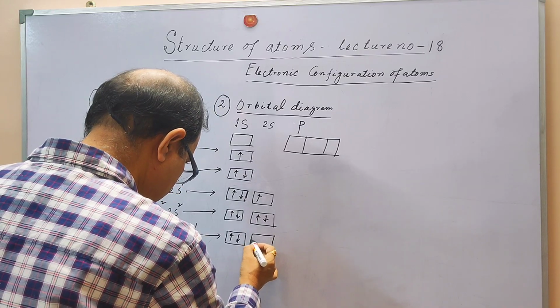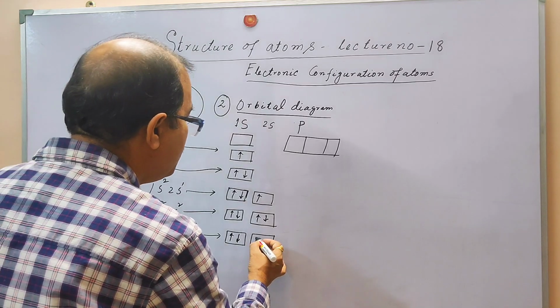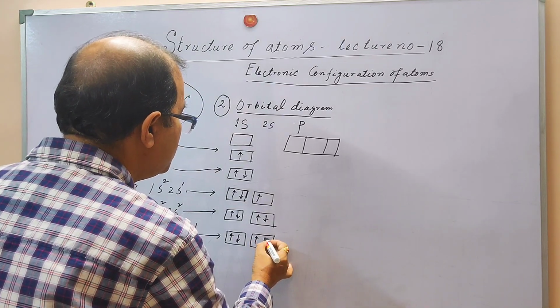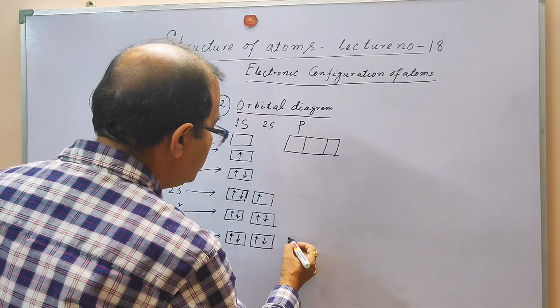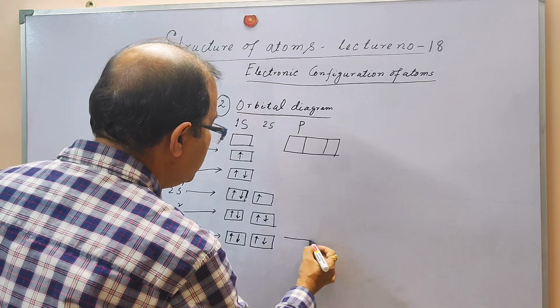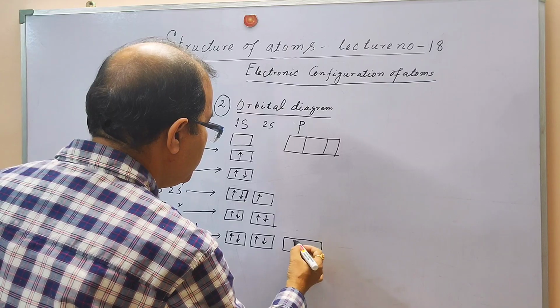Beryllium we have already done, and this is boron, and these 5 electrons have been put in this fashion: 2 each in the 1s and 2s, and another electron is put in the 2p orbital.